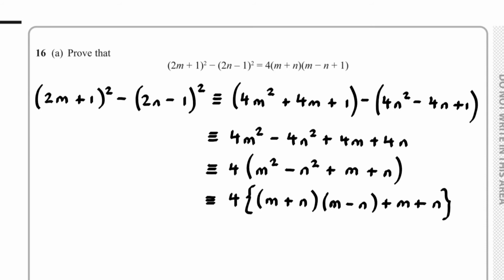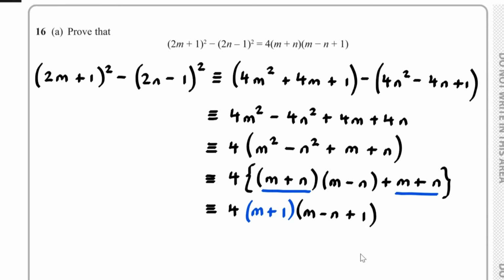Now do you notice how the m plus n is common to both terms? So we have 4 multiplied by m plus 1, and then what's left over is the m subtract n plus 1.